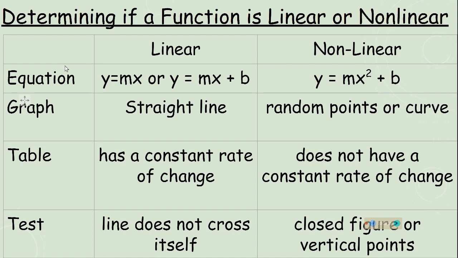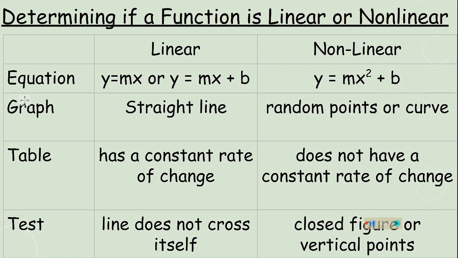So just like before, you're going to get your information given to you in equations, graphs, tables. So in an equation, you're looking at the x and the y. Is there an x and a y? Yes, that's linear, as long as the exponent is still 1 or you don't have an exponent. The minute you have an exponent, like you have over here, y equals mx squared plus b, that's quadratic.